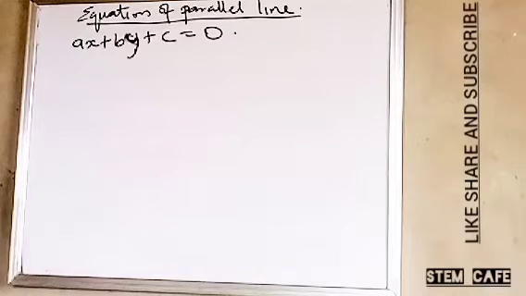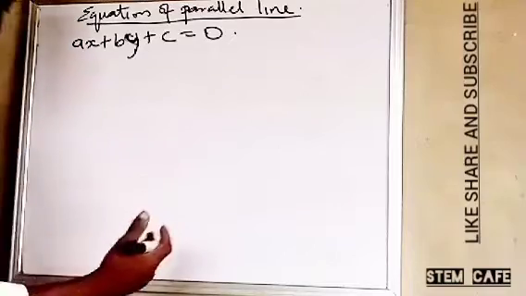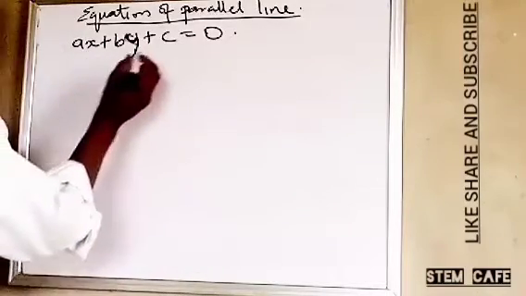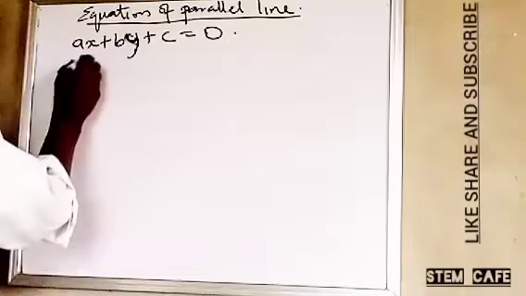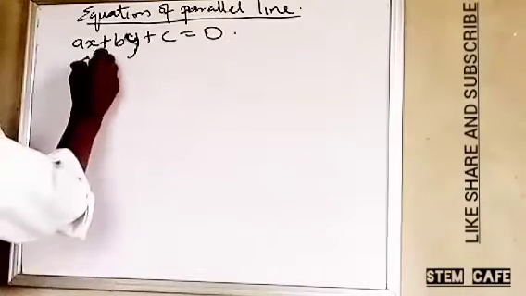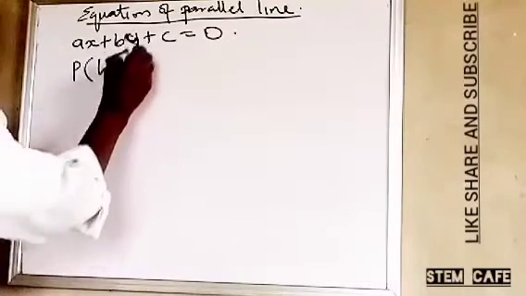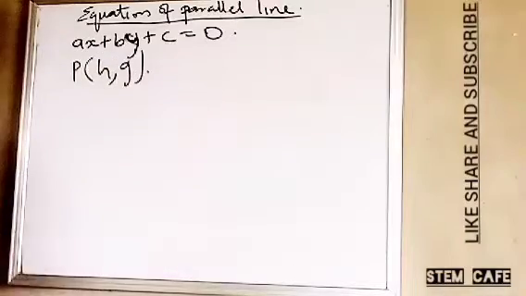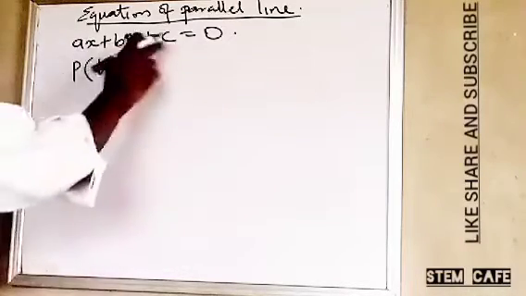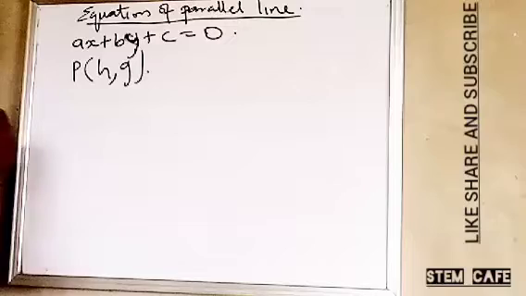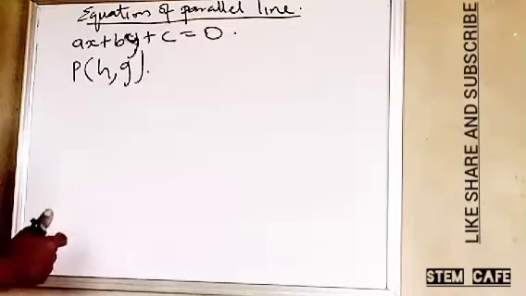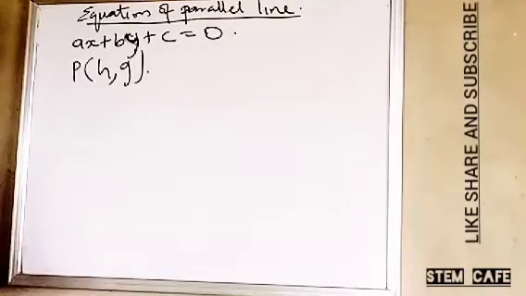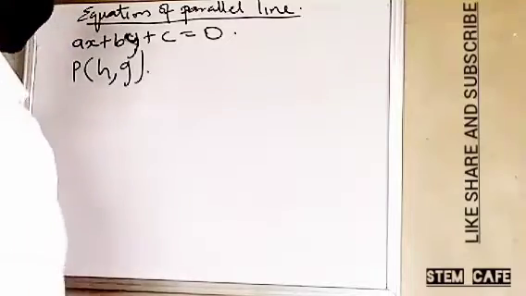And we are given that a parallel line passes through a point. That's a point P with coordinates (h, g). What is the equation of the line through that point? From here, we know that parallel lines have equal gradients.